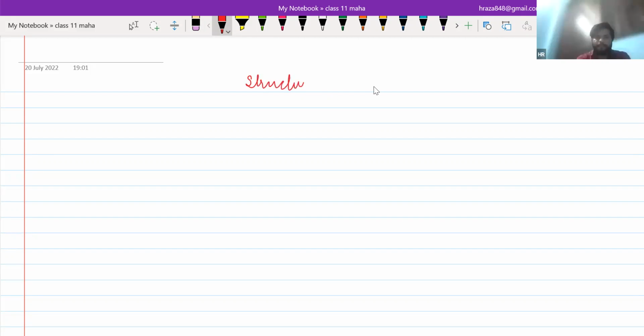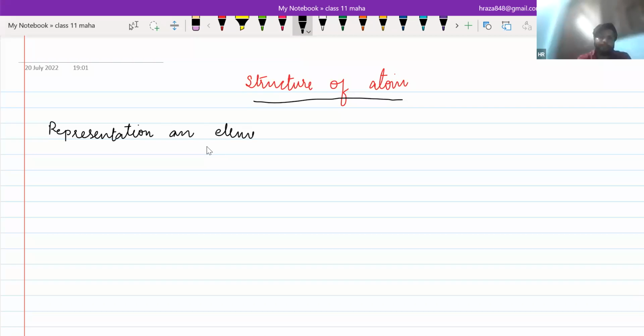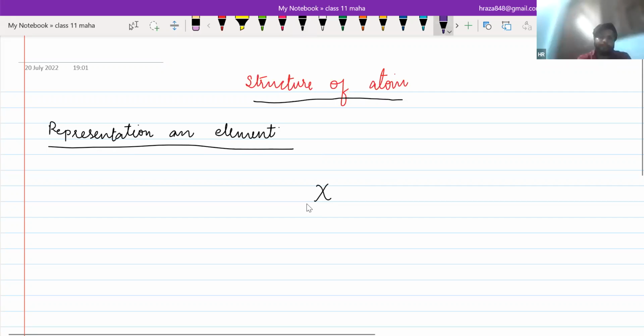So I'm going to ask you some questions from the structure of atom, and we are going to start from very basic. The first is representation of an element. Let's say this is an element X. Then we denote Z here and A here.